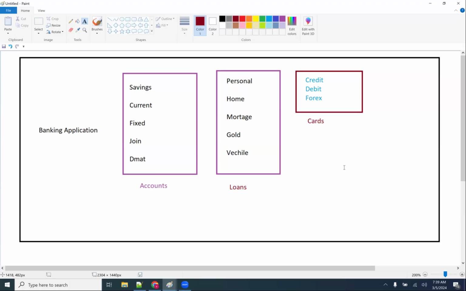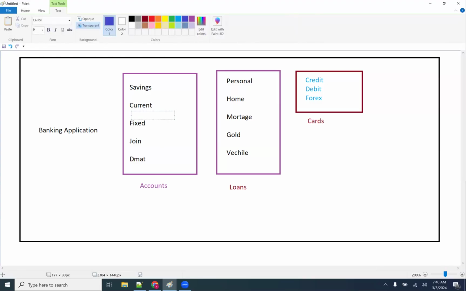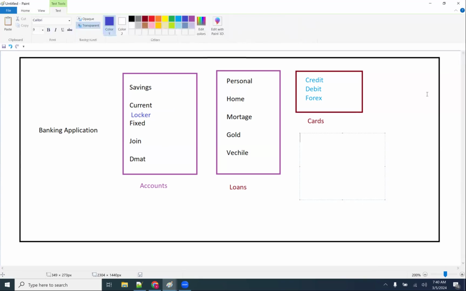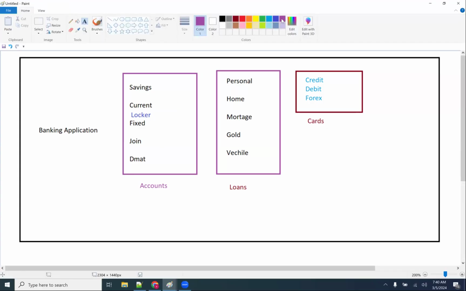Based on the account, okay, in that I can add like this. We need to add some more things over here. That locker account, maybe I can categorize into miscellaneous capabilities.